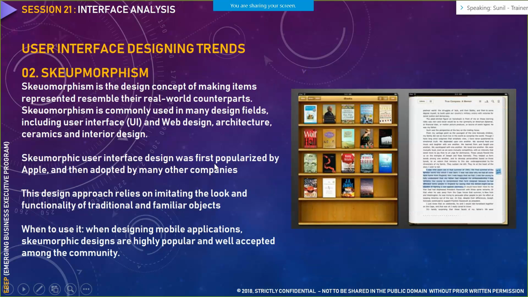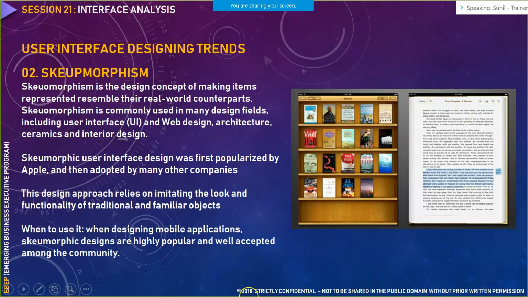Then comes skeuomorphism. Now, skeuomorphism is the design concept of making items representing and resembling their real world counterparts. So let's say you are having an online library app wherein you would see the information as if they are on the library shelf, and when you pick a book you should be able to flip the pages as and when. So they are representing the real library that you see physically in a particular given context.